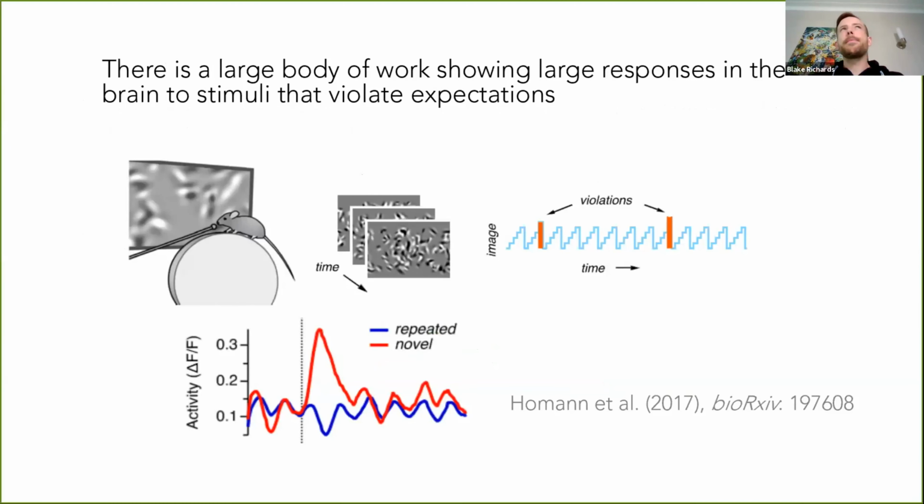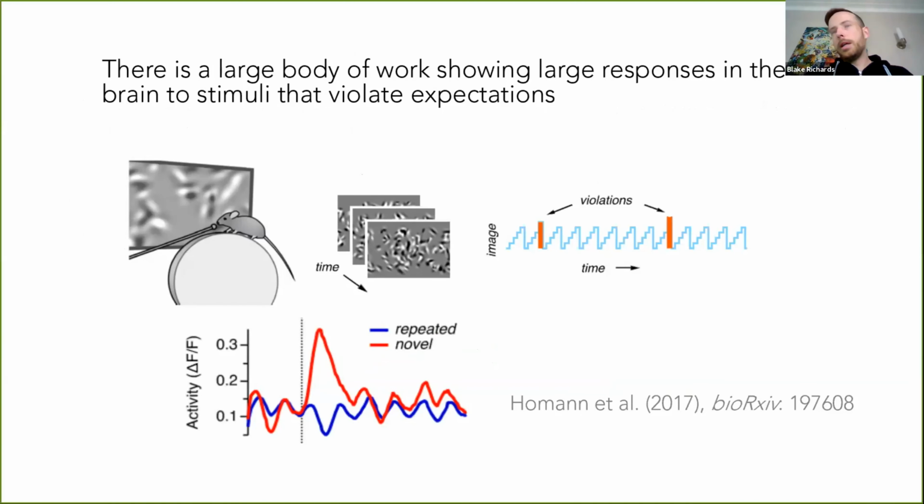So interestingly then, given that this may be a general principle, as I argue, there is indeed a huge body of work in neuroscience showing that the brain responds very strongly to stimuli that violate expectations.